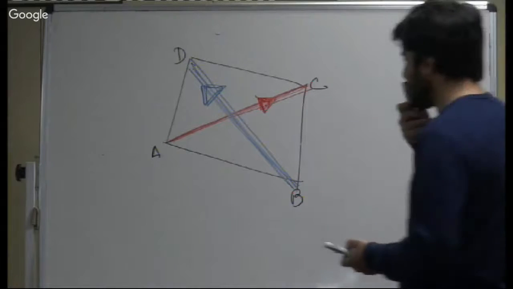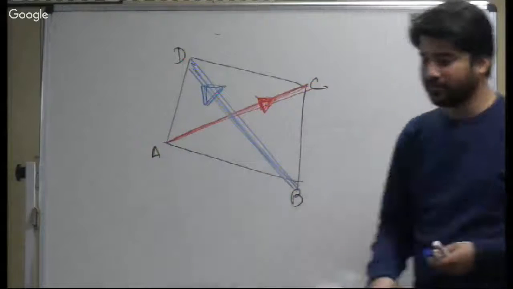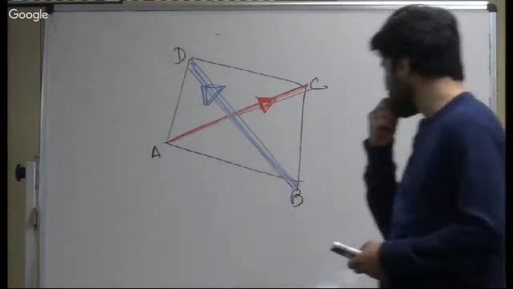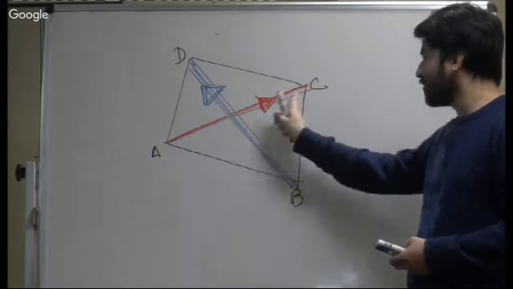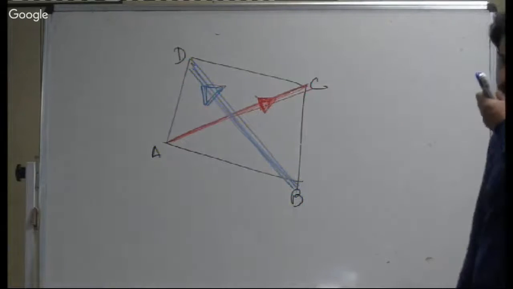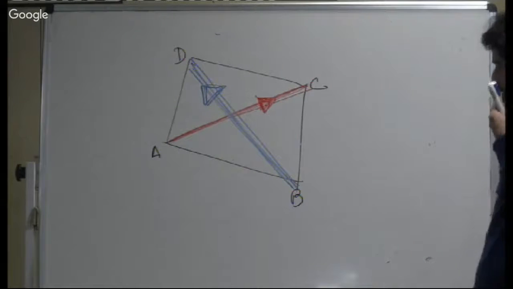I see that my triangle, I just take one diagonal, and I can say that my triangle is split into two triangles, right?